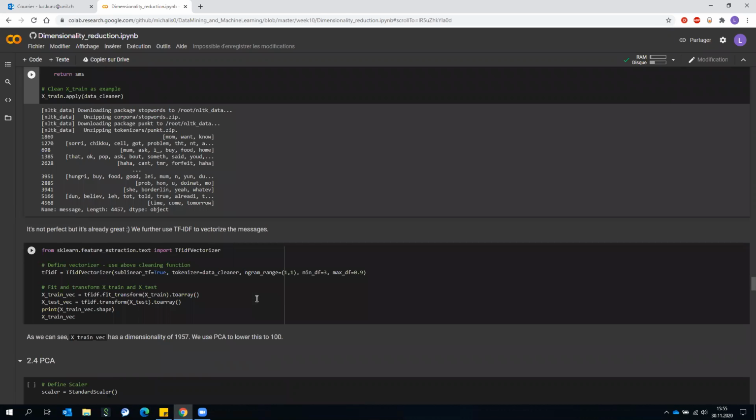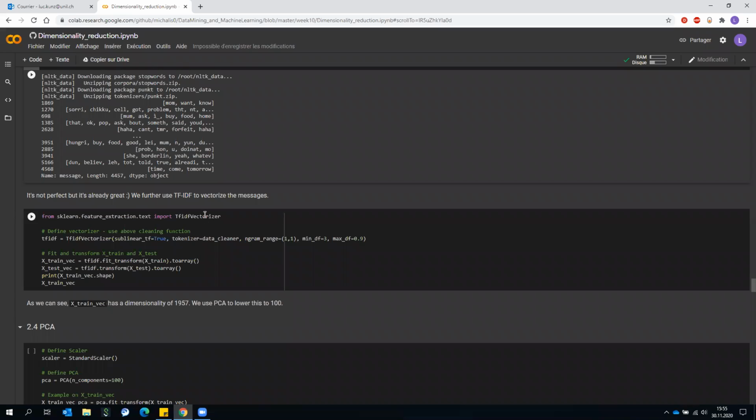And we use TF-IDF in this case. So we use our cleaning and tokenizing function in the vectorizer directly as tokenizer with only 1-grams, and those other parameters, which are the minimum occurrence of a token to be taken into account, and the maximum proportion of documents in which a token can appear in order to be taken.